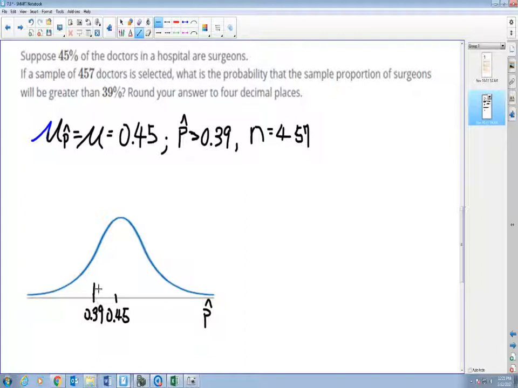So I'm looking for the area to the right, greater than. Big area. So let's find our z-score.